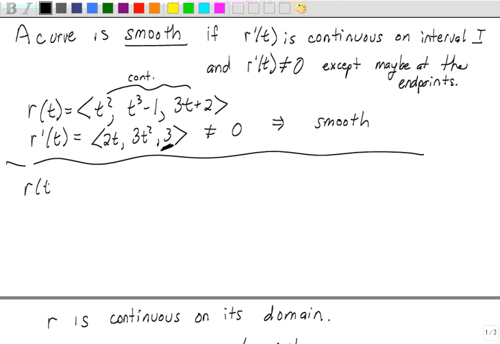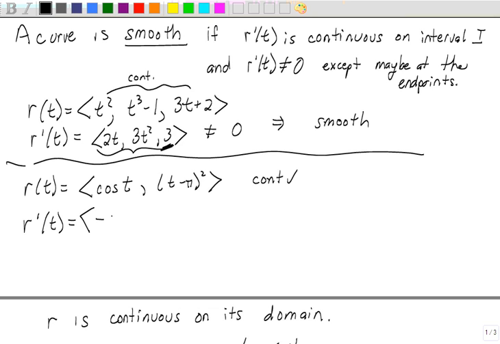Now this one, we take the derivative. Those are all continuous functions. Well, R prime is continuous here, so I take the derivative, and that's continuous. Each one of those are continuous. But this is equal to 0 at t equal pi, so it's not smooth.